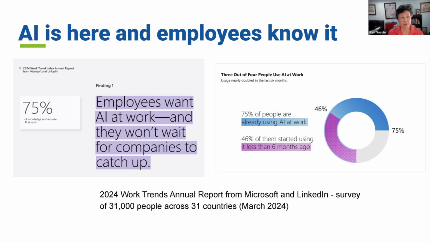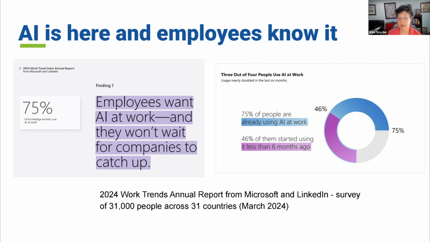In this recent study by Microsoft and LinkedIn, looking at AI at work in 2024, 75% of employees want it, and they're not waiting for their organizations to officially get it. So 75% of people in this survey, which combined all different kinds of industries, companies and organizations, are already using it for some kinds of work tasks. That's a large number.